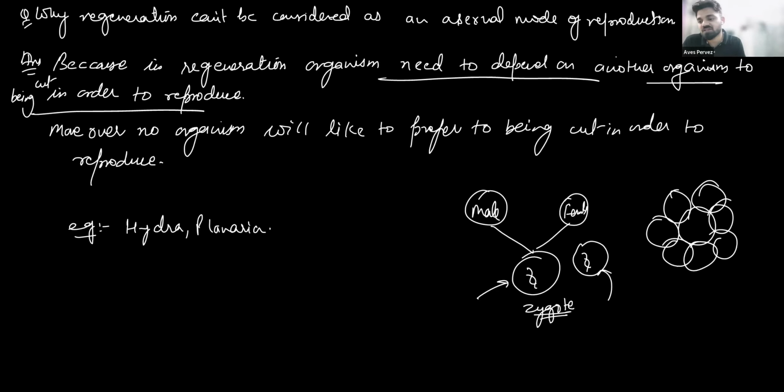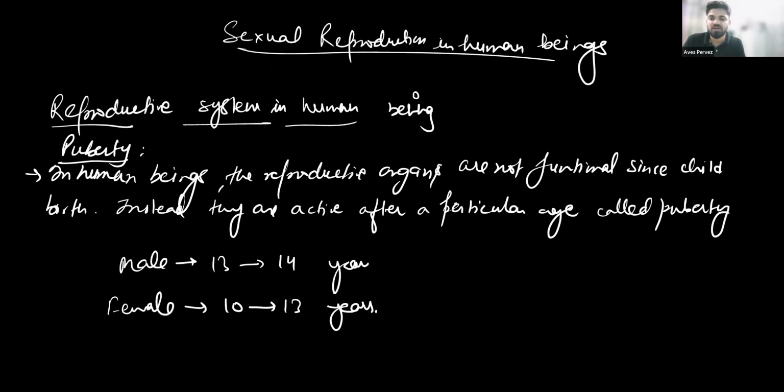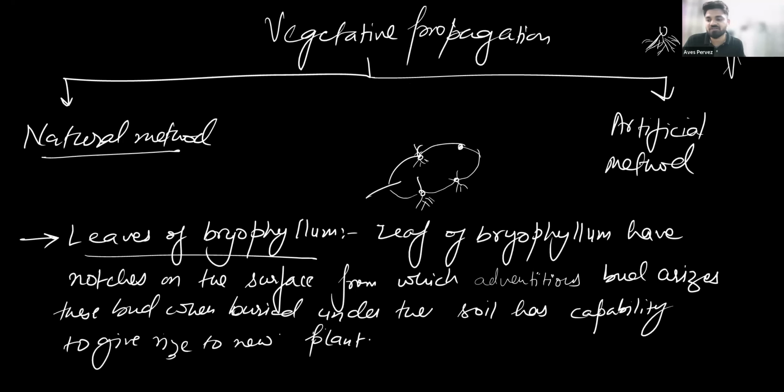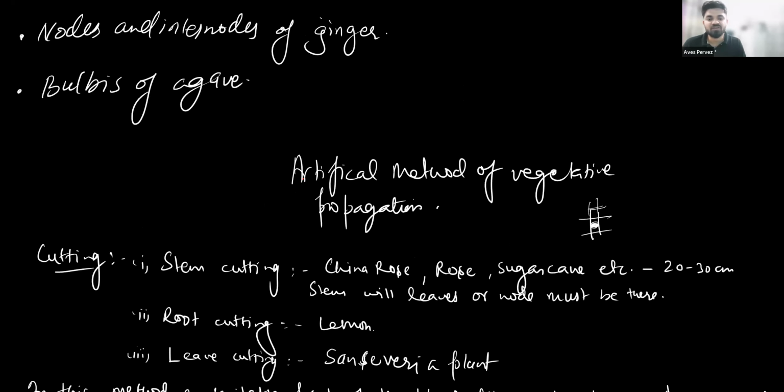We have discussed in the previous class that vegetative propagation is an asexual method of reproduction in plants to grow new plants, and it is of two types, natural and artificial. We discussed that the eye of potato, bulbs of agave, and cuttings are artificial methods.